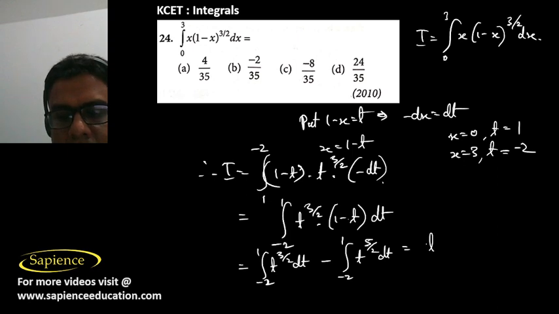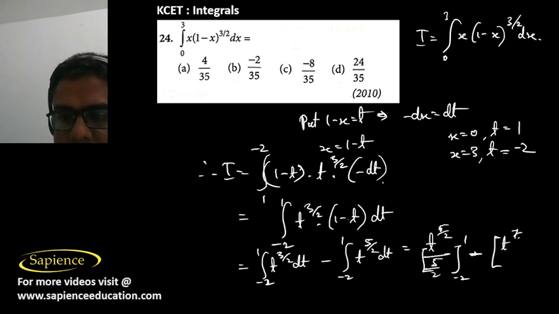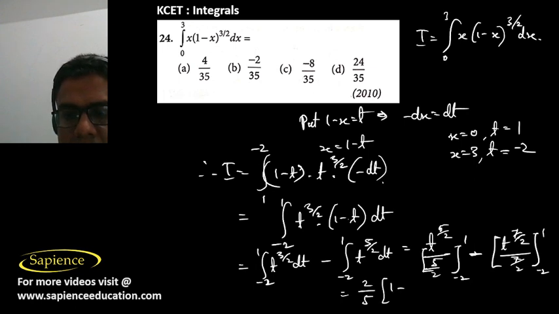So this will be t power (3 by 2 plus 1), which is 5 by 2, divided by 5 by 2, integrated from minus 2 to 1, minus t power 5 by 2 integral is t power 7 by 2 by 7 by 2, from minus 2 to 1. So this will be equal to 2 by 5 into t power 5 by 2, that is 1 minus 1 power 5 by 2 is 1 minus of (minus 2) whole power 5 by 2.